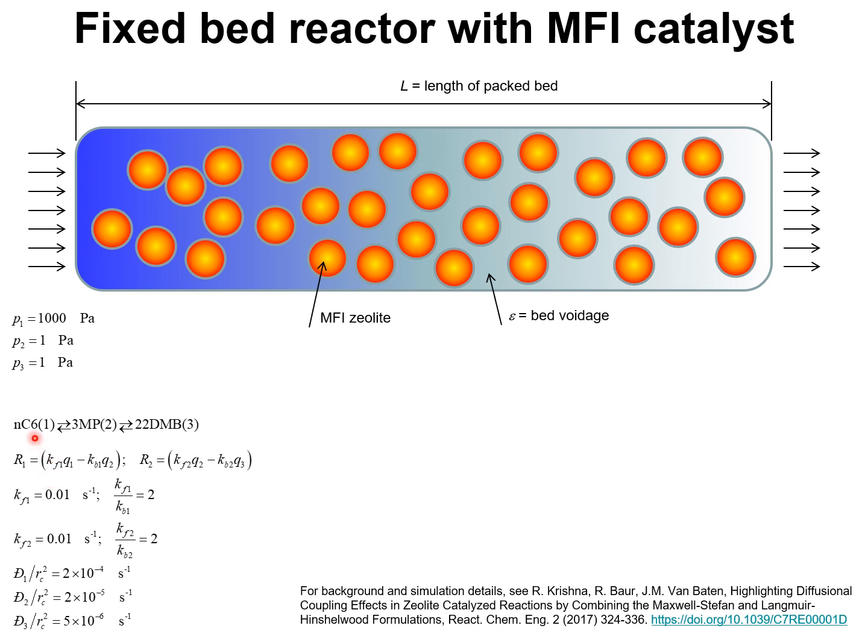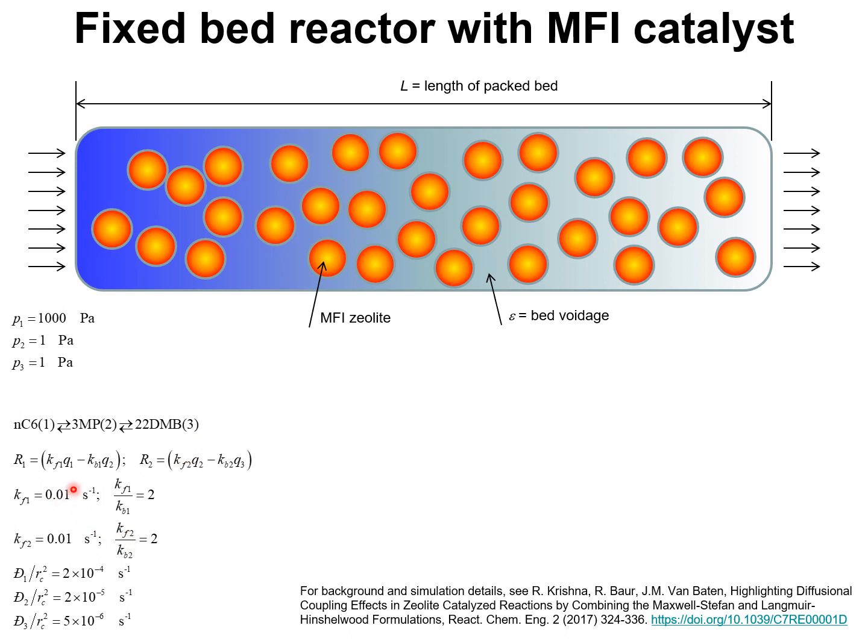The reactions for isomerizations are reversible. We have two reactions, reaction of NC6 to produce 3MP and the isomerization of 3MP to produce 2,2-DMB.